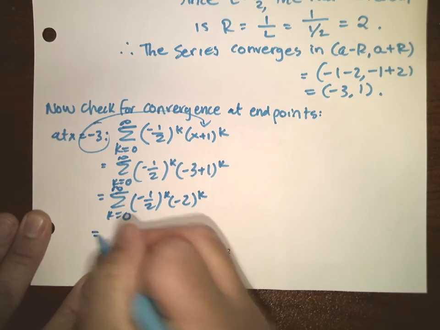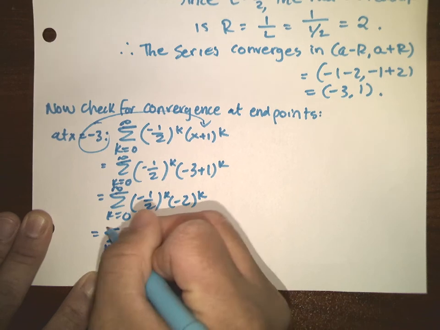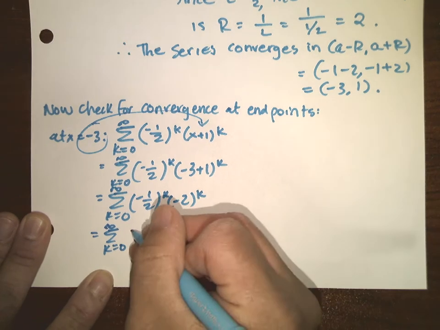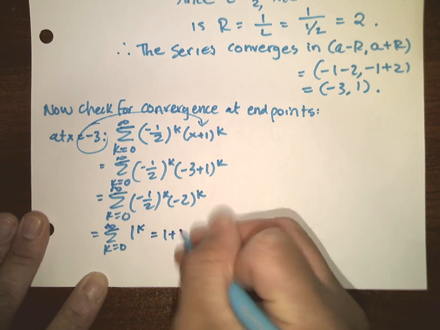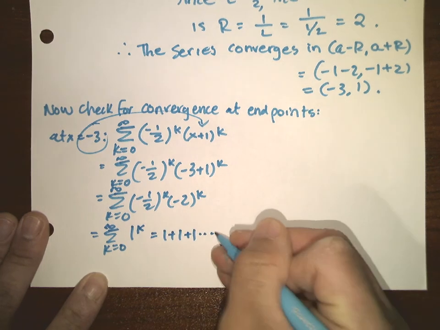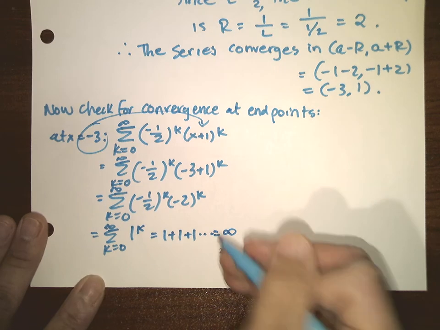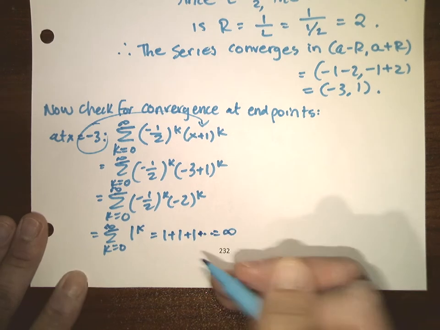If I multiply this together, that's just 1 to the k. And so this is actually just 1 plus 1 plus 1 plus 1, etc., until we add it up and we see that it diverges.